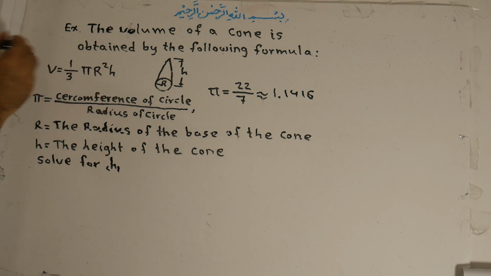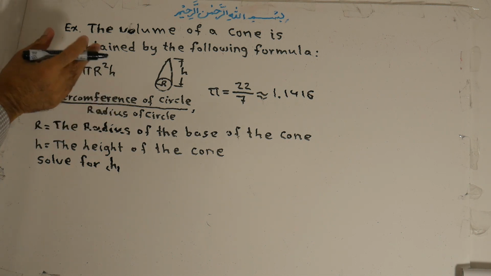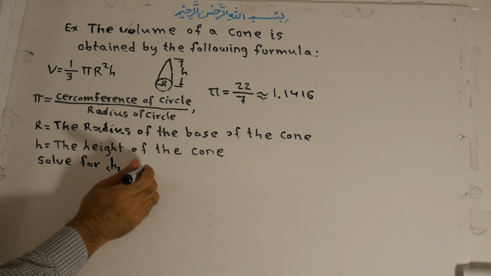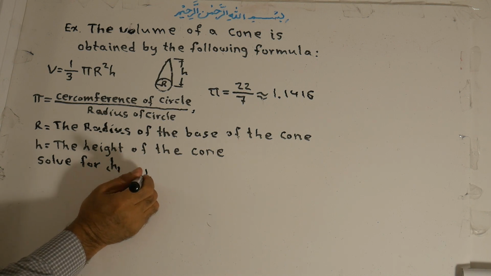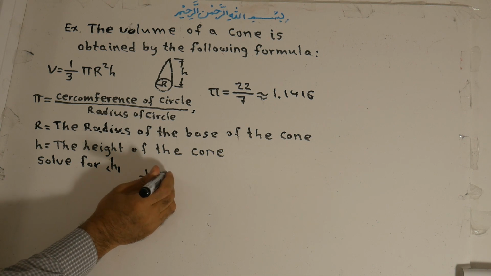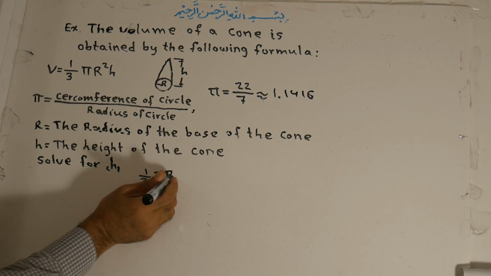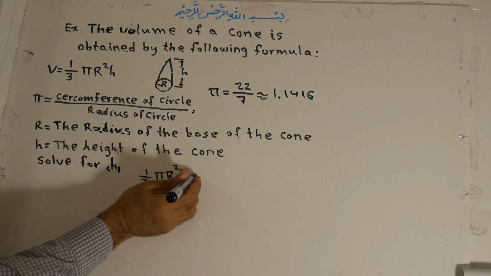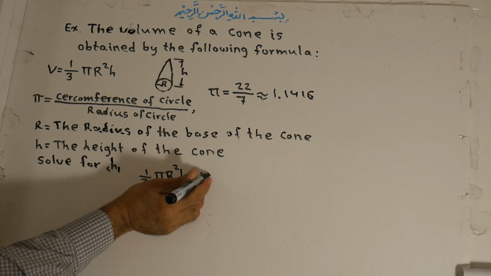We can bring all of this to the right and the left, like 1 over 3 pi r square H is equal to V.